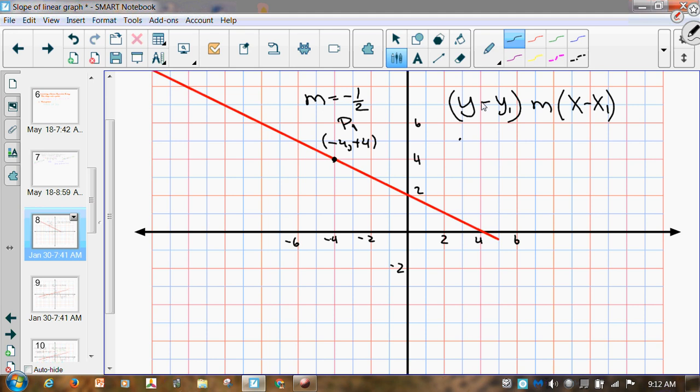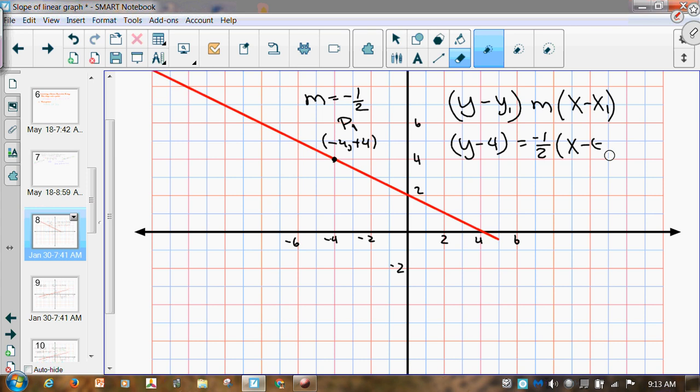We have y minus y1, which is 4, equals -1/2 times x minus a -4. Again, watching your signs.